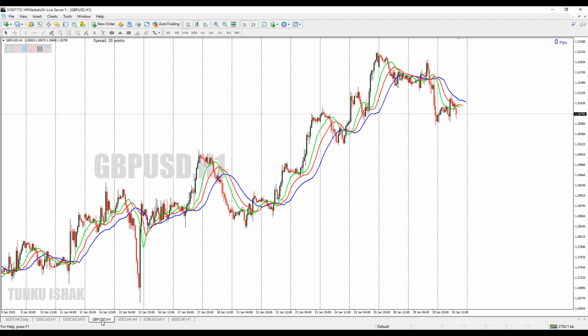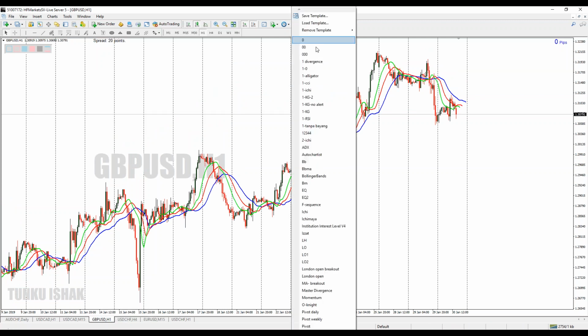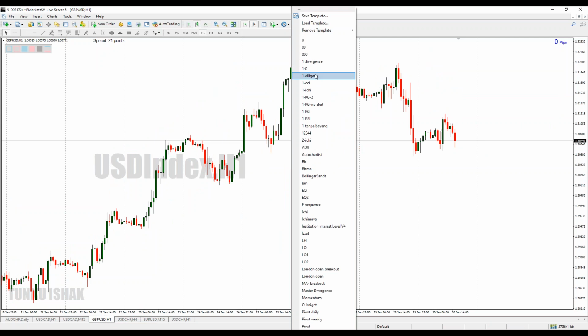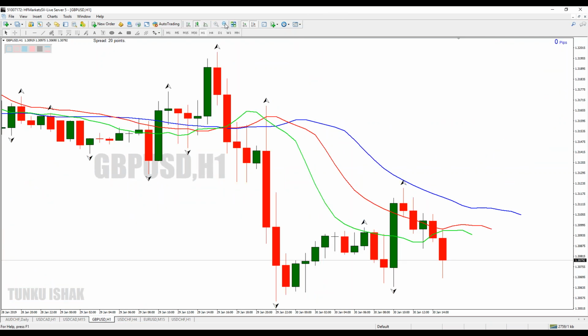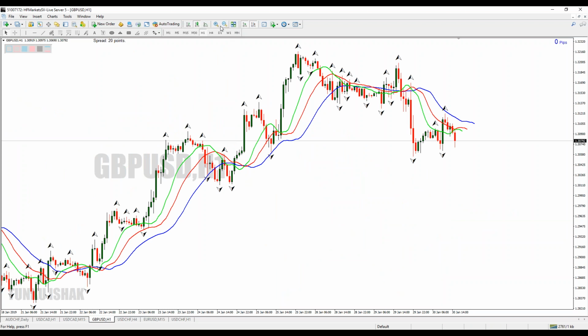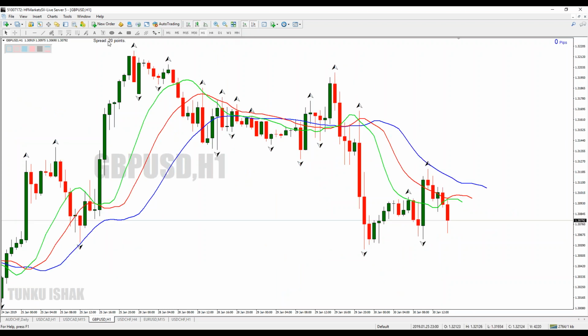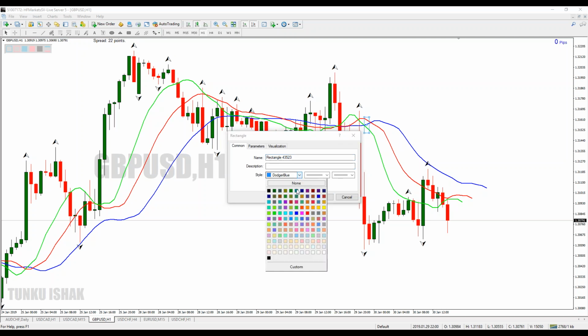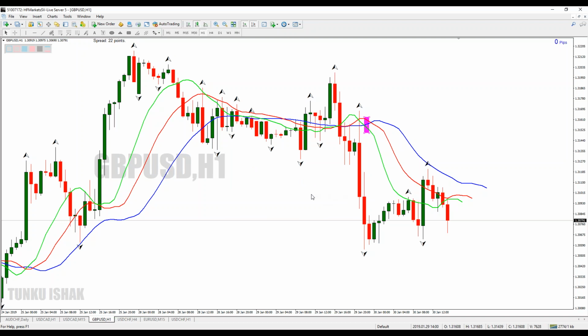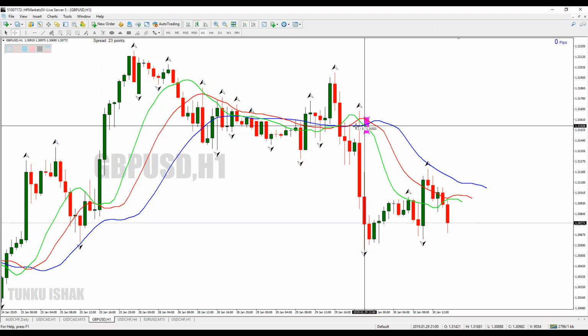Okay, let me go for another example, GBP USD. Right now I want to use H1. So yesterday, when this was happening, okay, this block, when this block is crossing, try to look here, 3 candles back, 1, 2, 3.